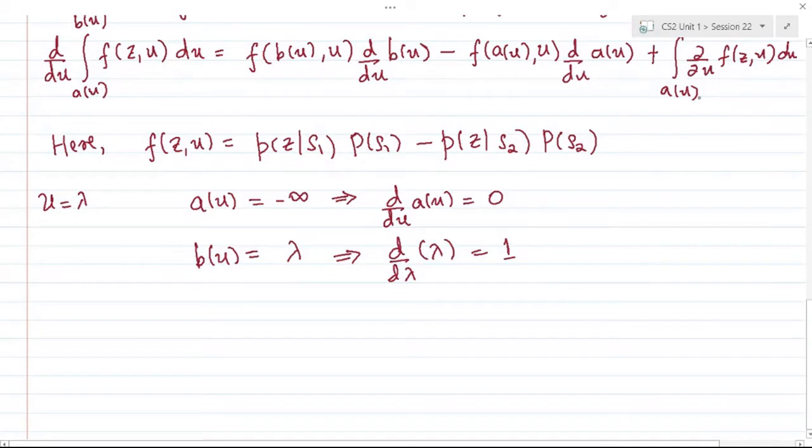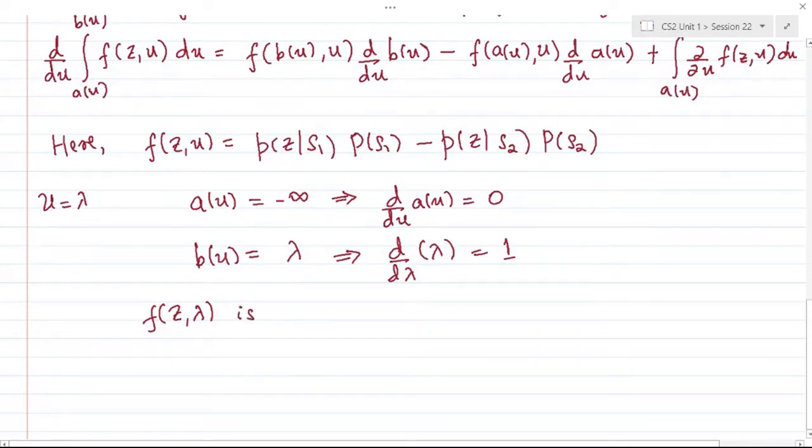And for the third term, we observe that this f of z comma u, where u is lambda, the entire expression is independent of lambda. You can see that p of z given s1 times p of s1, minus p of z given s2 times p of s2, is independent of the threshold lambda itself.